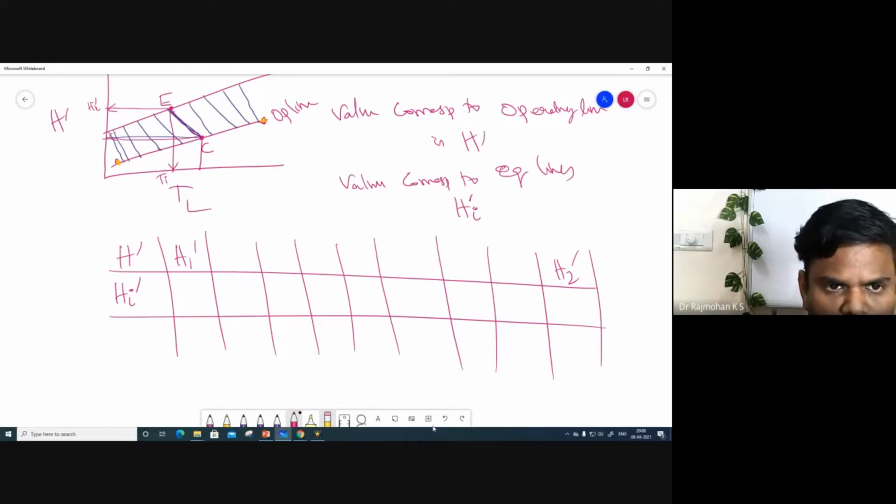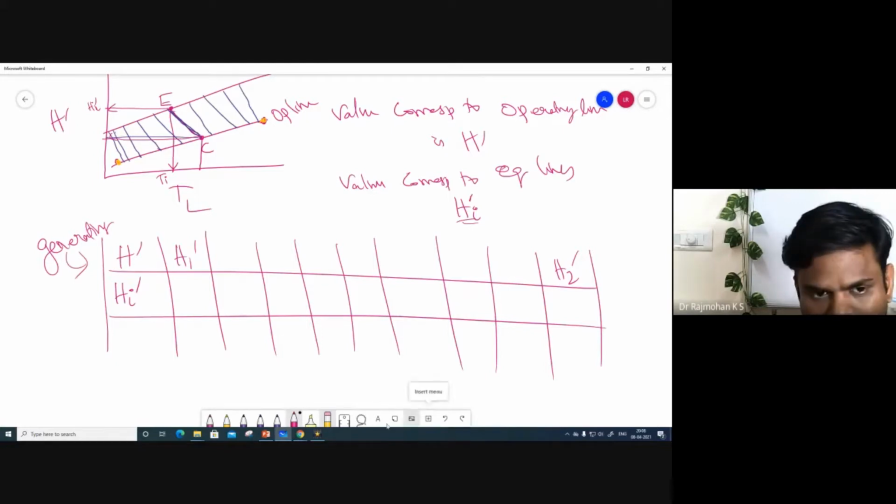We take each value by moving the scale parallel to this, so we get many values of H and the corresponding HI dash values on the equilibrium line. So we are generating the data as H dash versus HI dash.